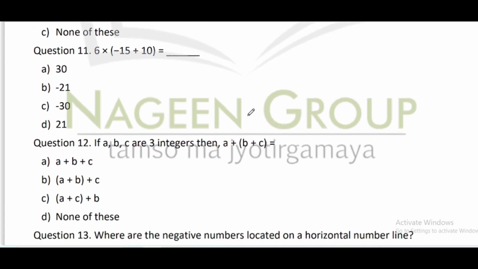The next question is question number 11. It is given that 6 multiplied with the bracket minus 15 added with 10. First we solve the bracket, minus 15 and plus 10.